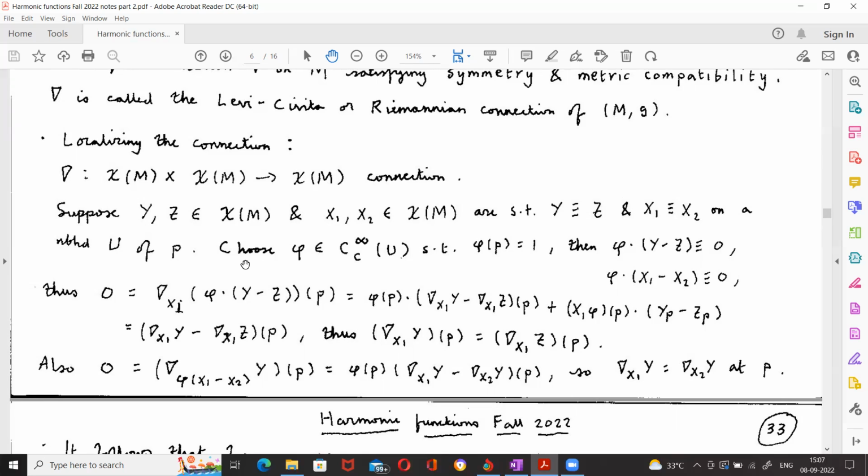So you choose a bump function phi with compact support contained in this neighborhood U of P, where these vector fields are equal, such that phi is equal to 1 at P. So phi is 1 at P and it vanishes outside U. If I look at the vector field phi times (y minus z), this is identically 0.